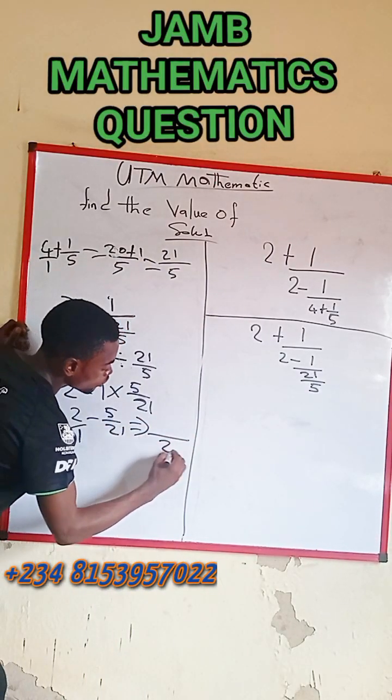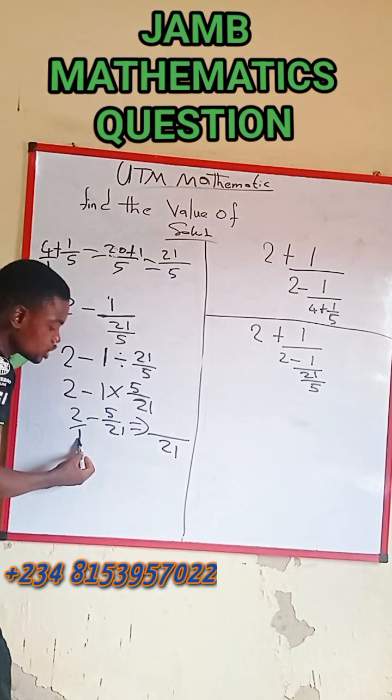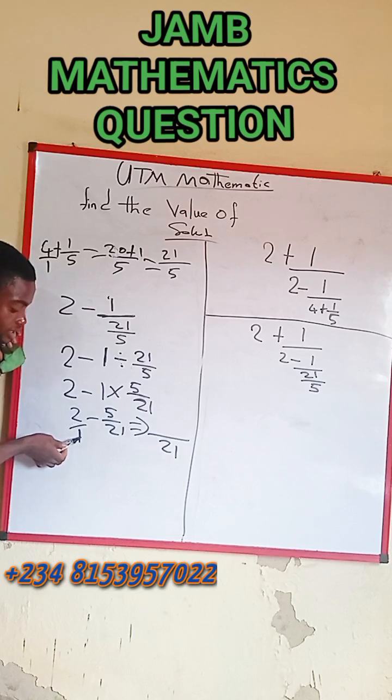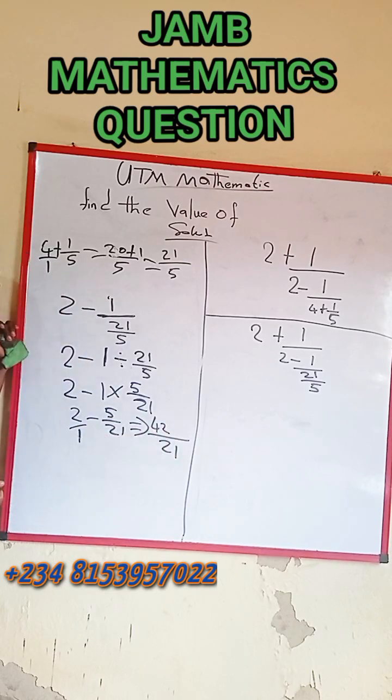Hence, this equals an LCM of 21. Now, this LCM of 21 divided by 1 will give us that same 21, and that 21 is what we are going to multiply by the numerator. 21 divided by 1 is 21, and 21 multiplied by 2 gives us 42.